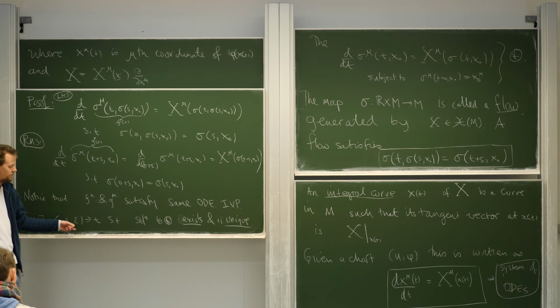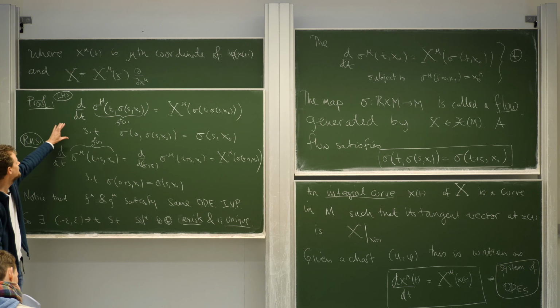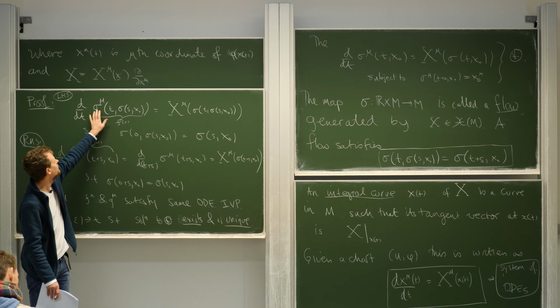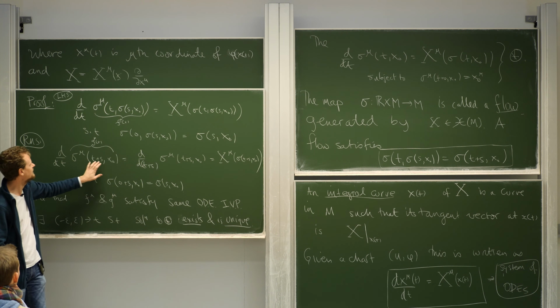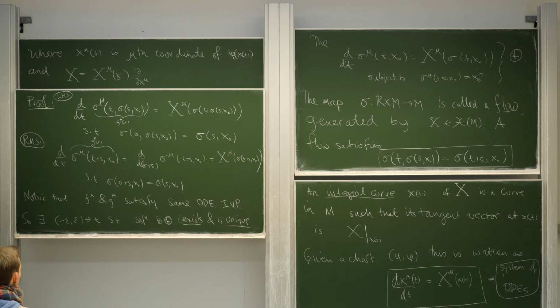There's an open, non-empty interval of time such that the solution to these equations exists, and furthermore, it doesn't just exist, it's unique. If you have two solutions, they must be the same. And so at least for an interval minus epsilon to epsilon, we learn that sigma mu t sigma s x naught is exactly the same thing as sigma mu t plus s x naught.